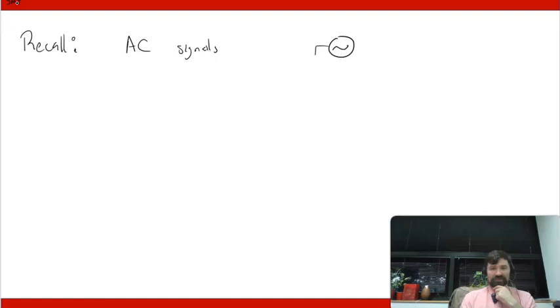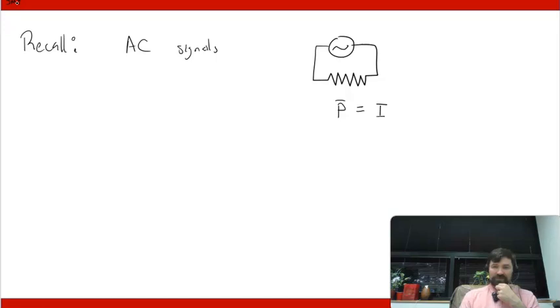Now, speaking of average values, this is the other thing where we have to recall something. AC signals, where we had something like an AC circuit connected to a load resistor. For this, we ended up finding an average power, which was essentially the square of the current times resistance.